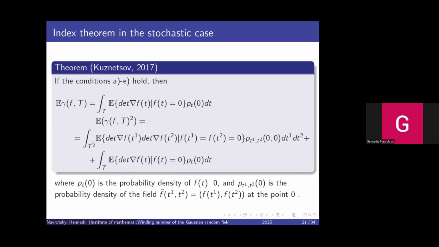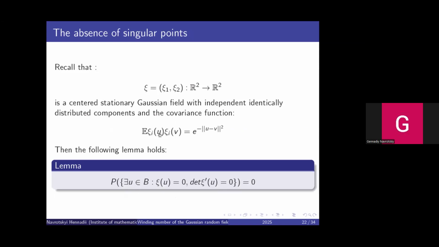Next we recall that our random function xi was defined as a centered stationary Gaussian field with independent identically distributed components.